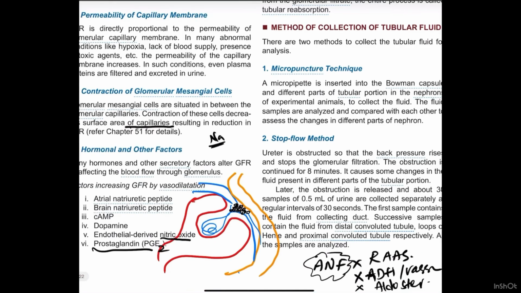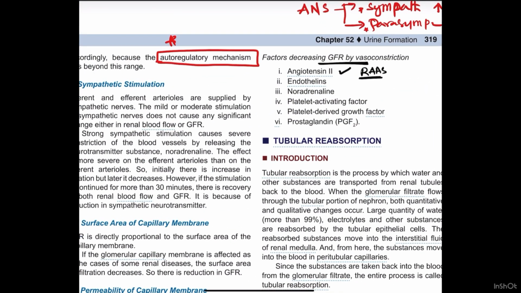Factors increasing the GFR act by vasodilation. ADH is a vasoconstrictor, and a vasodilator increases the GFR, whereas a vasoconstrictor decreases the GFR. Okay, done, that's about this.